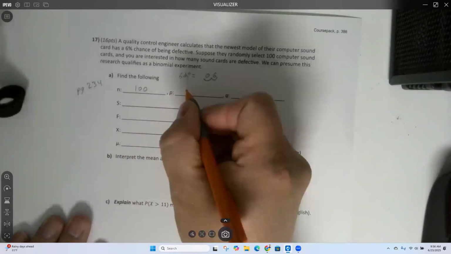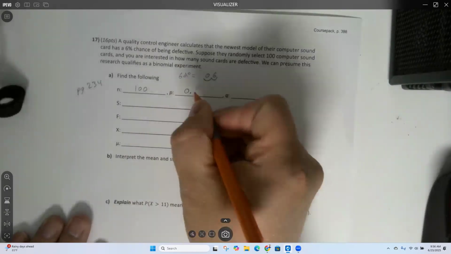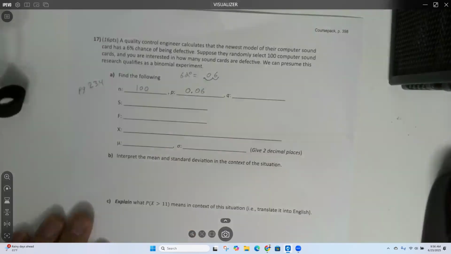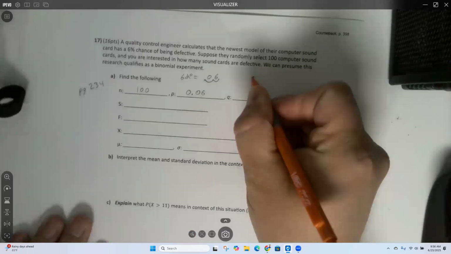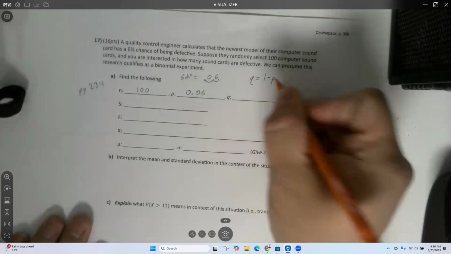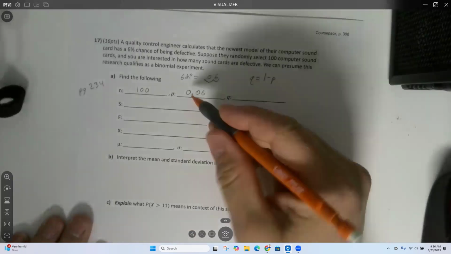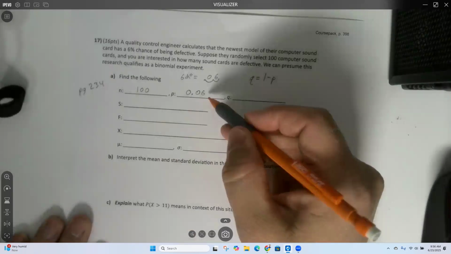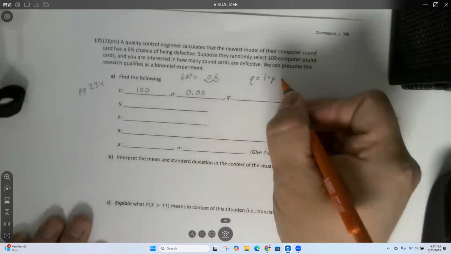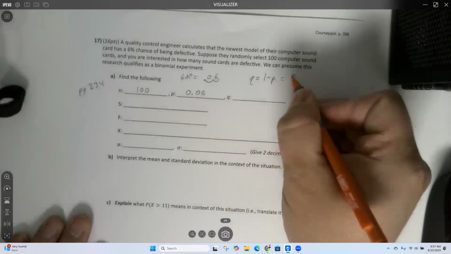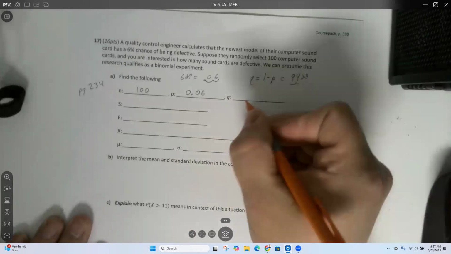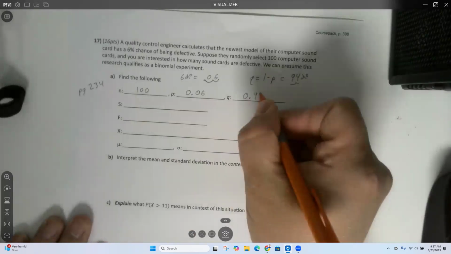So p is 0.06. What is q? q is 1 minus p. If p is 6%, 100% minus 6 is 94%. Again we move the decimal 2 places, so 0.94.